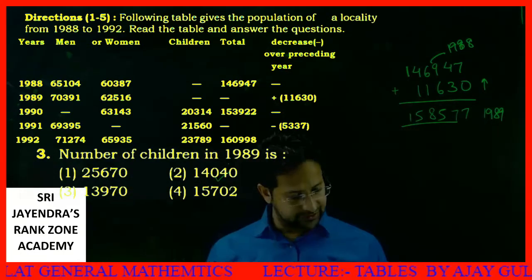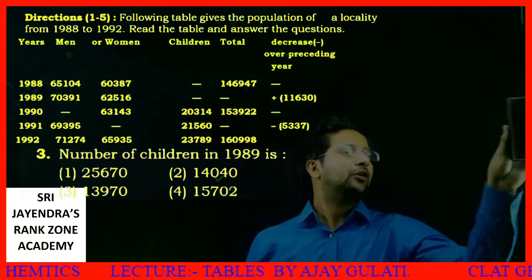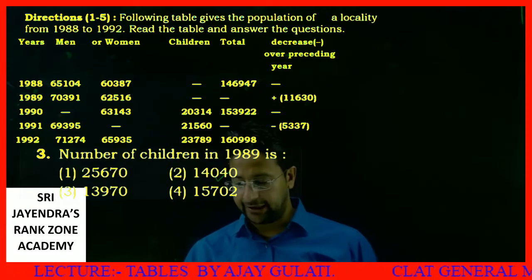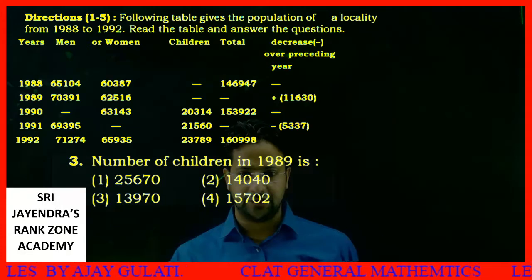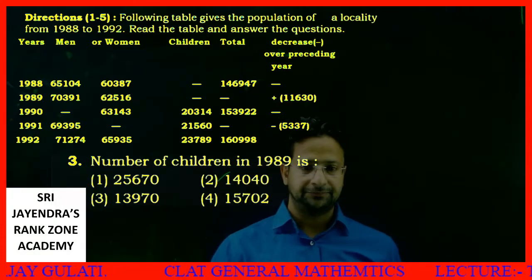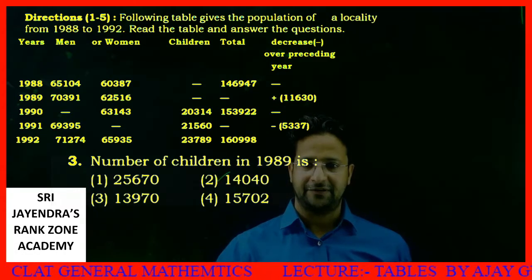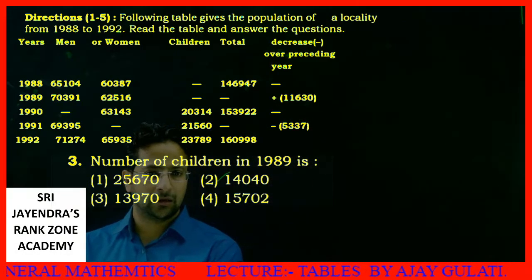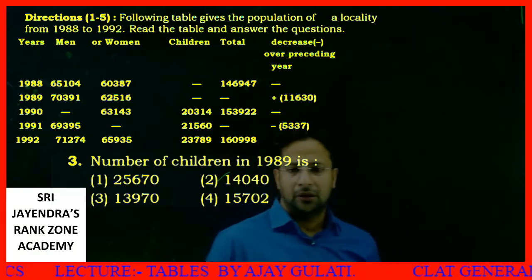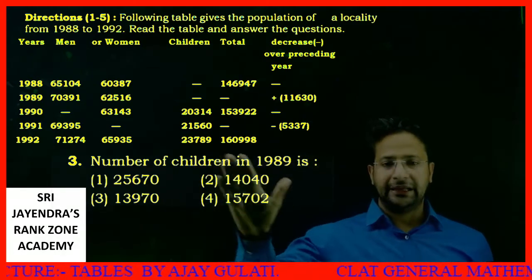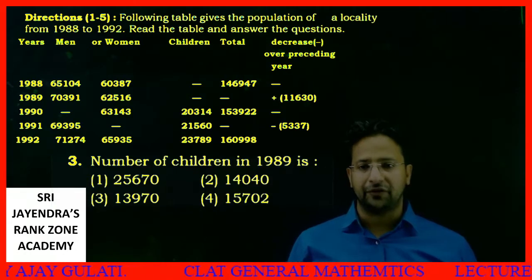Next question, my dear students. The number of children in 1989 is? See, in the previous question we found out the total population of 1989.